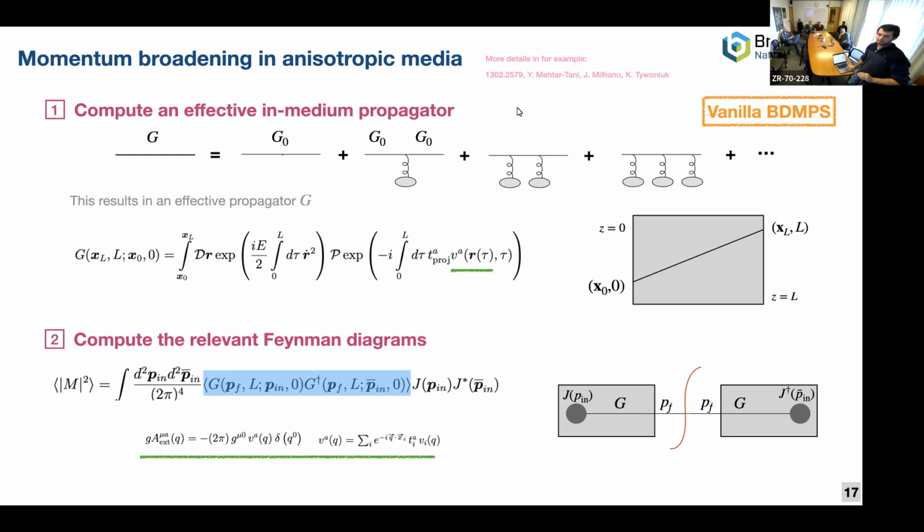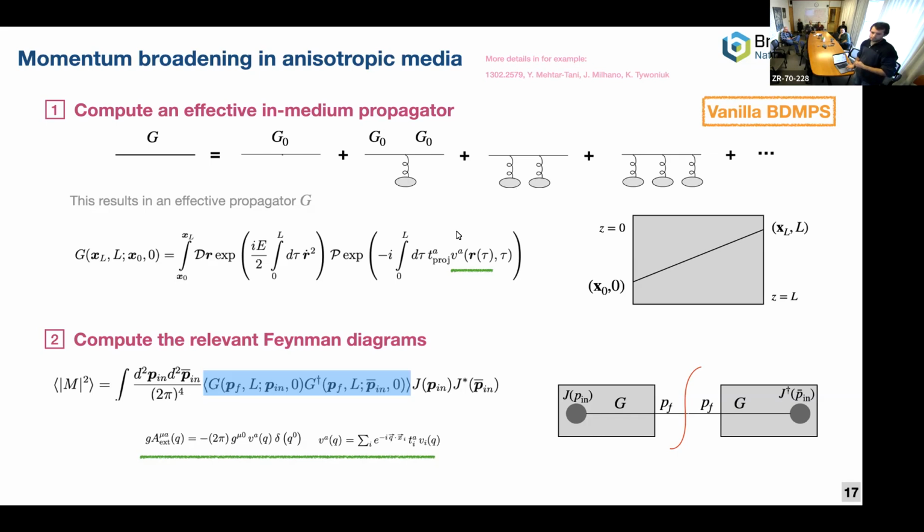So the formalism here is this PDMPS formalism, which are just names of people, but the important point is that instead of just computing diagrams and resumming them by brute force, what is done is essentially first one resums at the level of the propagators all possible insertions of the field. So essentially there is some effective propagator G, which takes into account the evolution in the vacuum or the evolution with a single scattering and so on.